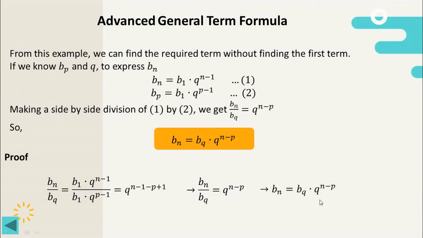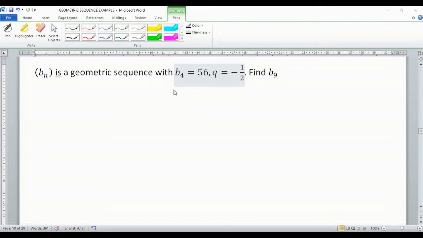So we get the formula Bn equals Bp times k to the power n minus p. But in here, they have a rule: p is less than n, or we can say n is greater than p. So now let's jump to the example from the previous one. Bn is a geometric sequence with the fourth term 56, and k is equal to minus half. You need to find the 9th term.